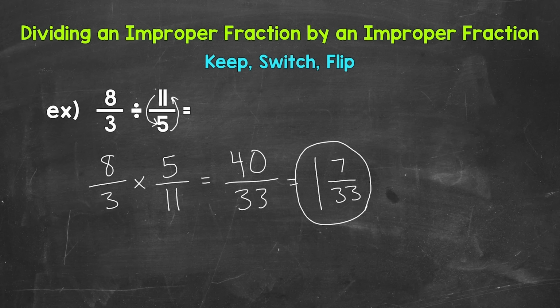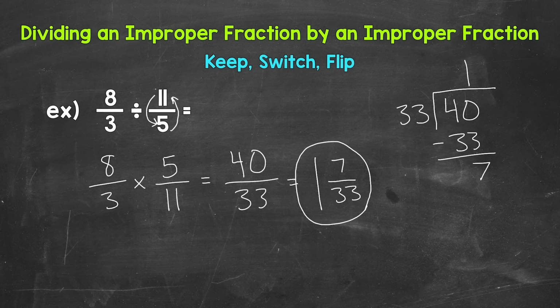I'm going to write it out. So again, we divided the numerator 40 by the denominator 33. So 40 divided by 33. How many whole groups of 33 in 40? Well, 1. 1 times 33 is 33.